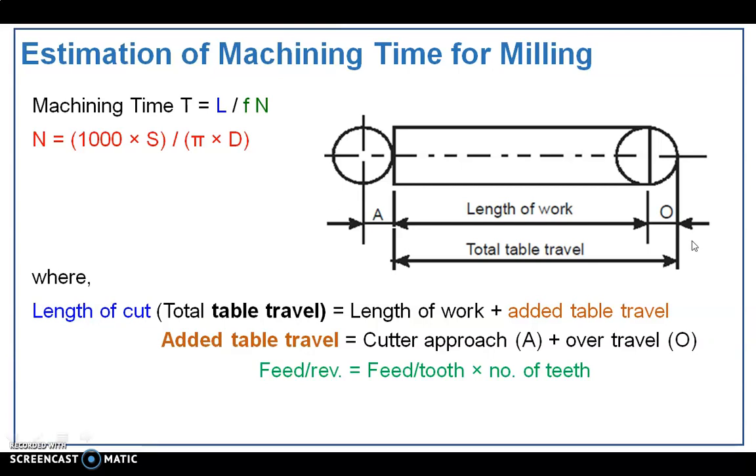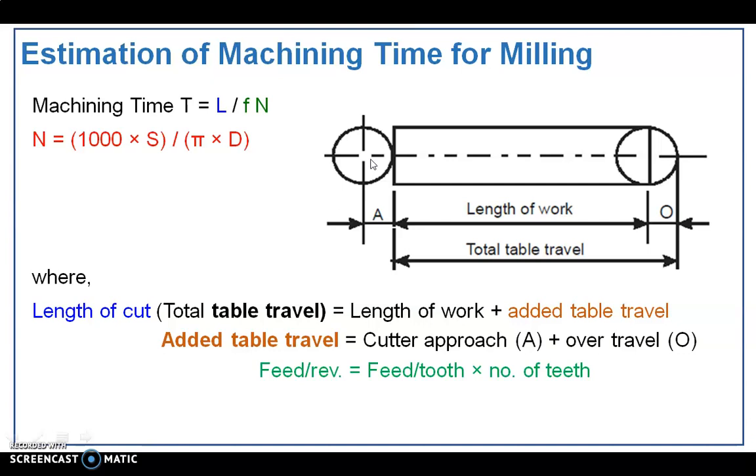On the right side, a schematic figure is given showing the length of work and approach and over travel distances. From the figure you can see the milling cutter is about to touch the workpiece, but it is not fully immersed into the workpiece.